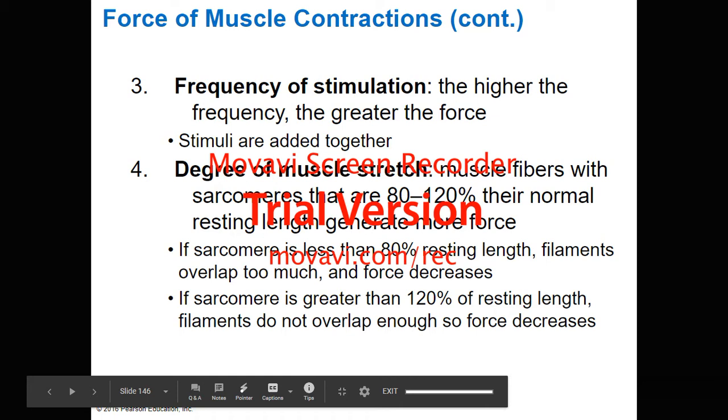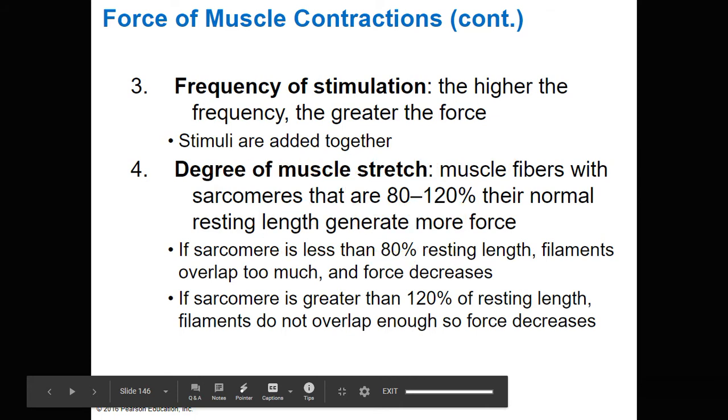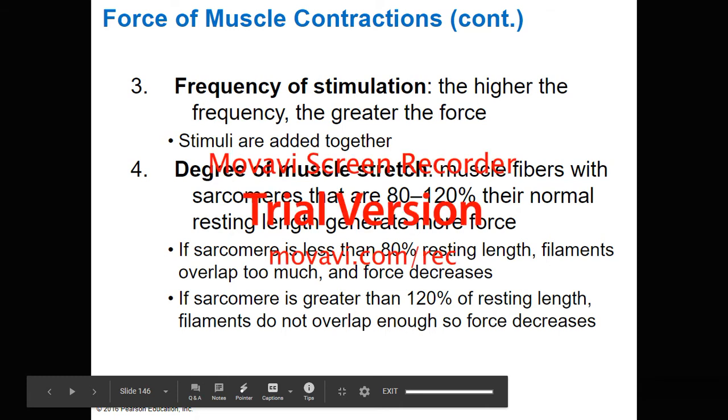If the sarcomere is greater than 120% of resting length, filaments do not overlap enough, so force decreases. Okay, so the magic area is 80 to 120%. Less than 80 is bad. You're going to generate less force, and greater than 120% is also bad. You're going to generate less force.